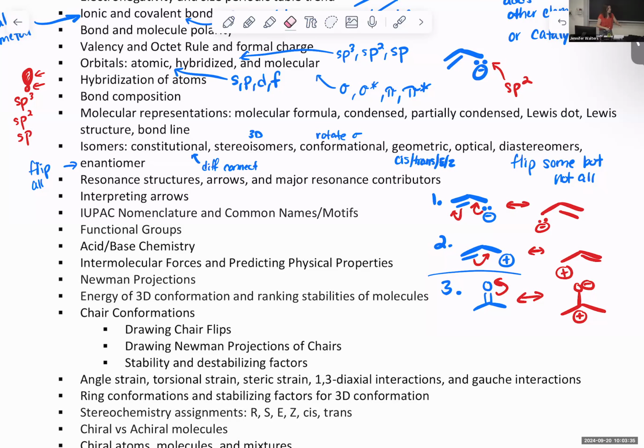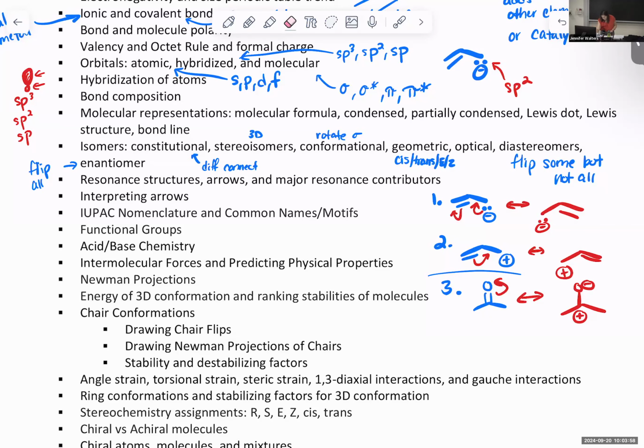Your butyl, tert-butyl, sec-butyl, not functional groups. Those are alkanes. Those are structural motifs. So your actual functional groups are like your ketone, your alkene, alkyne, benzene, esters, ethers, the sulfur-containing functional groups. Those are the functional groups. They're the modifications of the alkane chain.